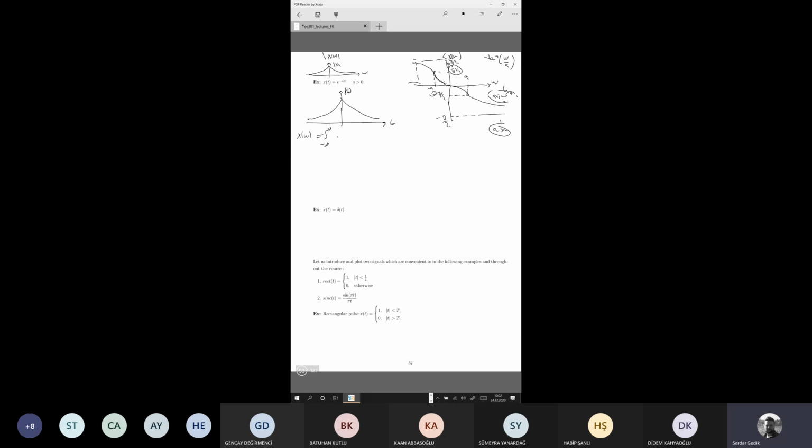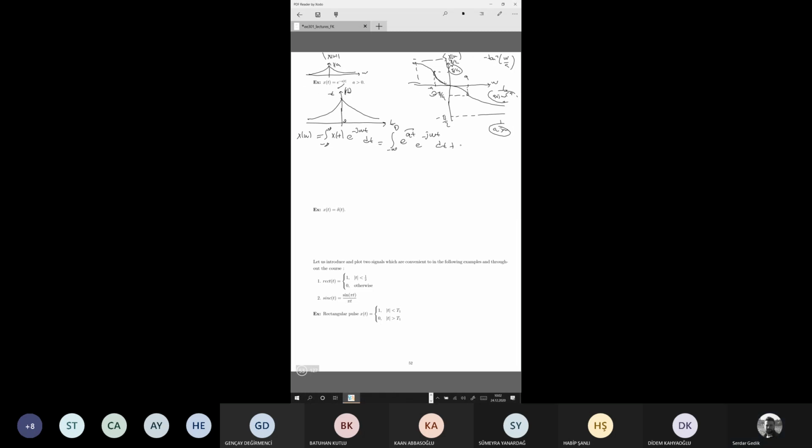Again, I will start with the Fourier integral e to the power minus j omega t dt. This is equal to the integral from minus infinity to 0 of e to the power at e to the power minus j omega t dt. Of course, for t negative, the absolute value of t is minus t. When I get rid of the absolute sign, I have minus t. So e to the power minus a times minus t, so I have e to the power at here.